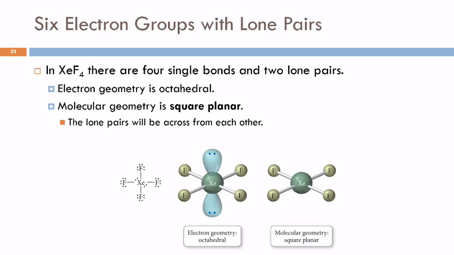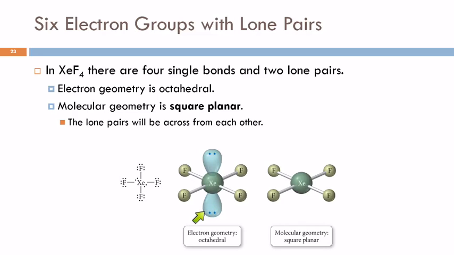What if we have 2 lone pairs in those 6 groups? So here, xenon tetrafluoride, 4 single bonds and 2 lone pairs. So again, the electron geometry is octahedral because there's 6 groups. 6 groups makes the octahedral shape.